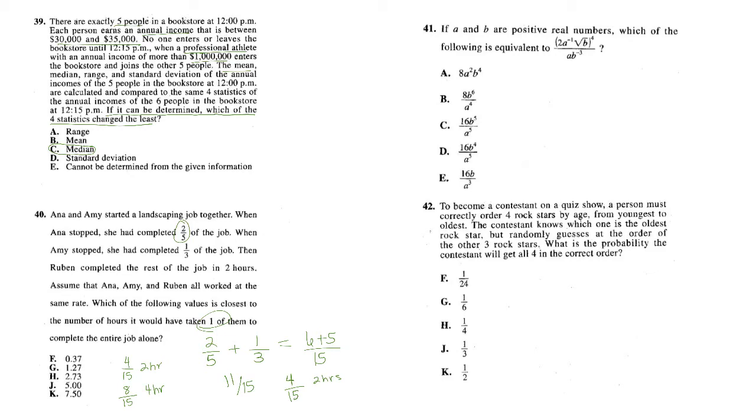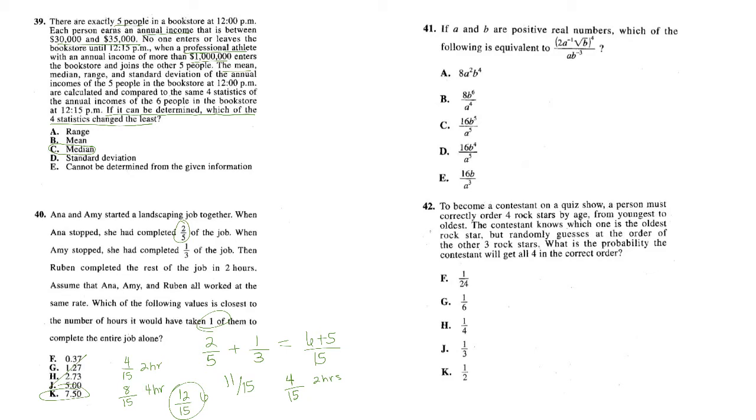I'd rather go up in units of 2 as opposed to 2/5. Then another 2 hours is going to be 12 over 15, so that's 6 hours. We're still not quite there, so that drops off all of those. It's going to be answer choice K.